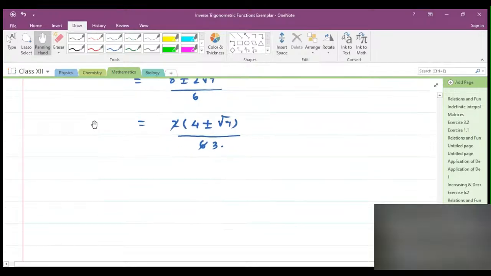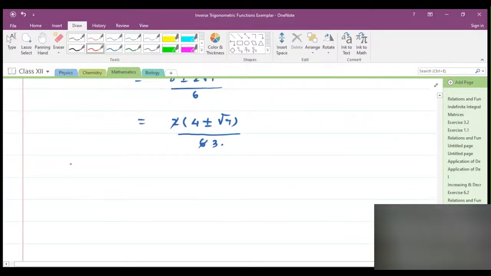So tan theta equal to (4 plus root 7)/3 or (4 minus root 7)/3. In this question, it says that we ignore the value of (4 plus root 7)/3. So why do we ignore this one? Let's see here.